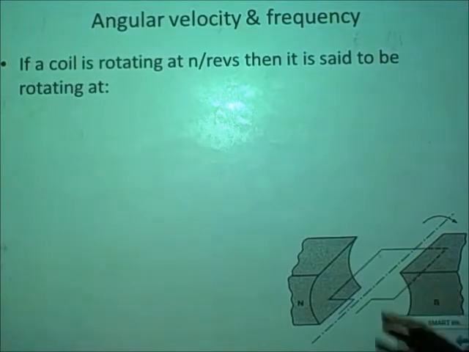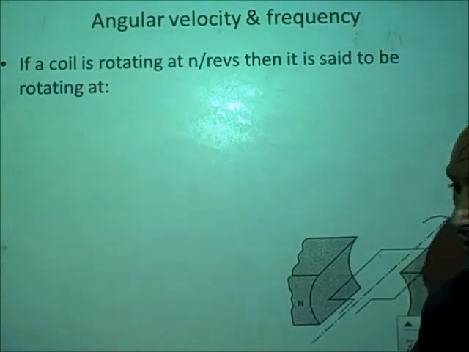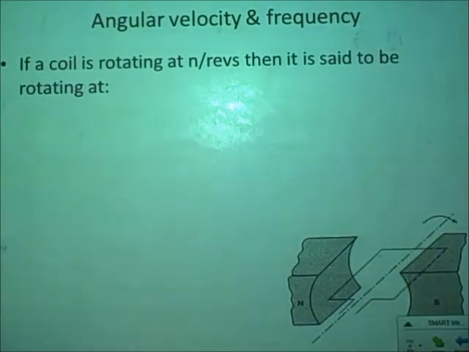With regards to our conductor loop that we demonstrated earlier on in the program, if the coil is rotating at n revolutions, then it is said to be rotating at what? We'll take n representing the frequency in this instance.